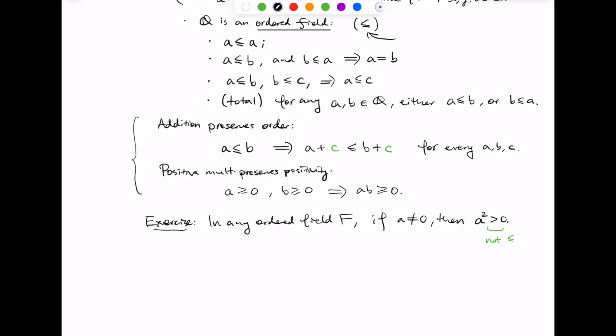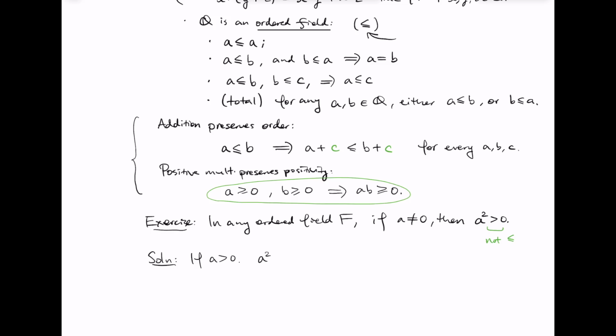So it's the opposite of less than or equal to. Right. So here's one way to solve this exercise. Suppose that A is not equal to 0. Then either A is bigger than 0 or it's less than 0. So if A is, let's say, bigger than 0, let's see what happens. We know that A squared is certainly bigger than or equal to 0 by this axiom that positive multiplication preserves positivity.